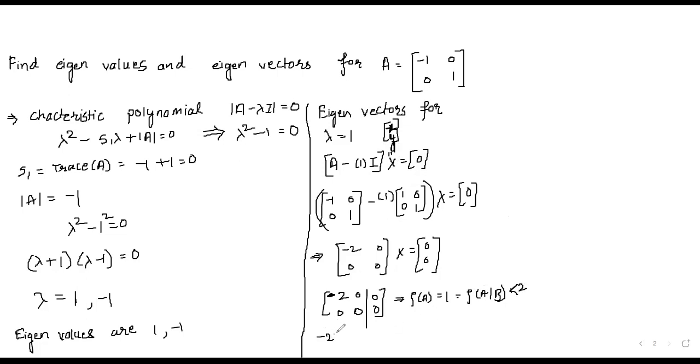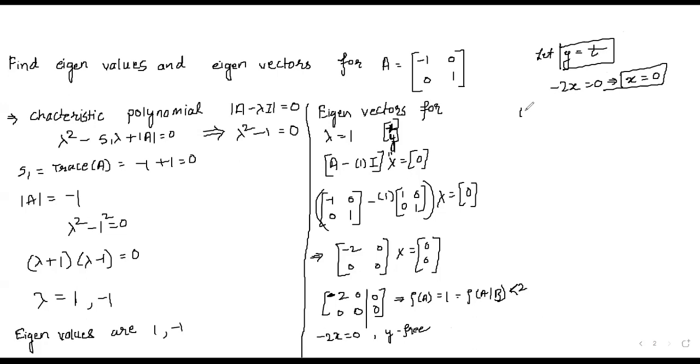So minus 2x equal to 0. Which variable is free? Tell me fast. Y is the free variable. So we'll consider y equal to t, and minus 2x equal to 0 gives x equal to 0.